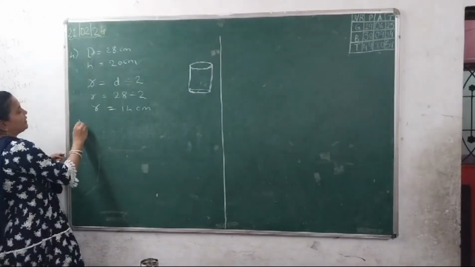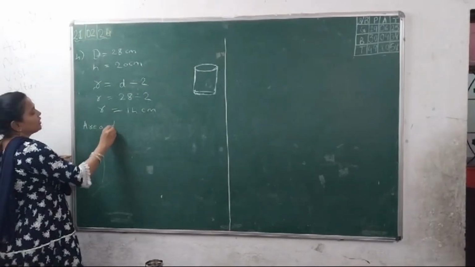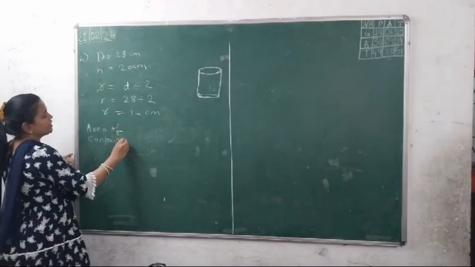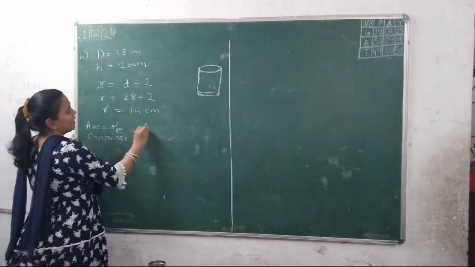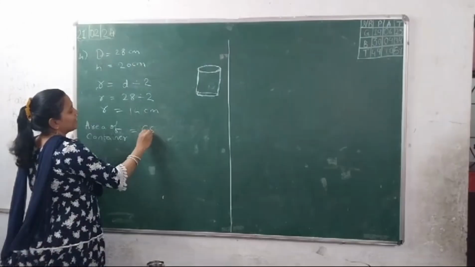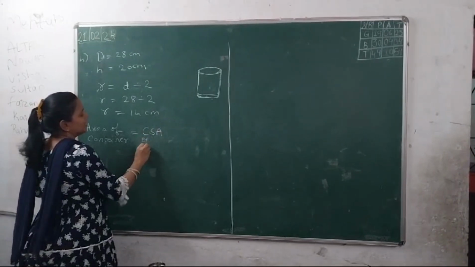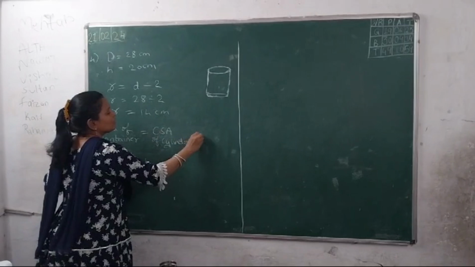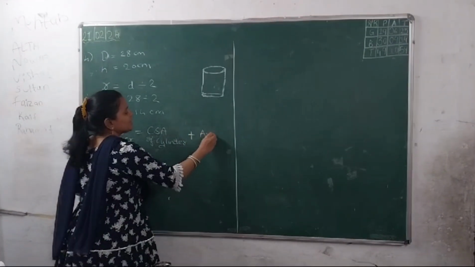Okay, so let's apply. Let's write. So first we will find the area of container is equal to curved surface area of cylinder plus area of circle.